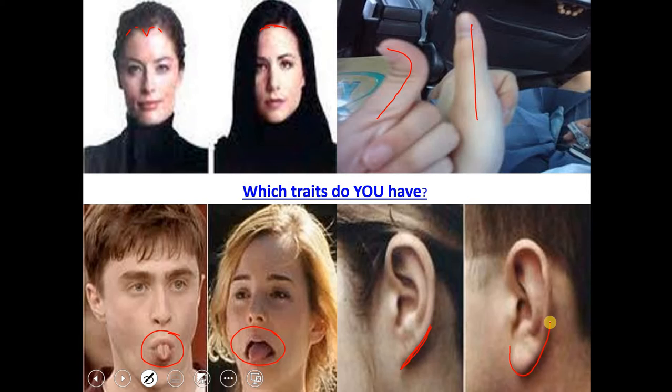But your traits are determined by genes, the information written on your DNA, the orders of the A's, T's, C's, and G's, those nucleotides that we learned about. When the order changes, the traits change or the physical expression changes. So this lady up in the top left-hand corner, she has a widow's peak hairline, where the other lady has a straight hairline.